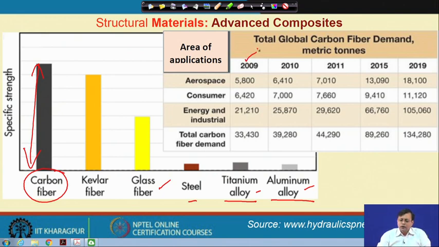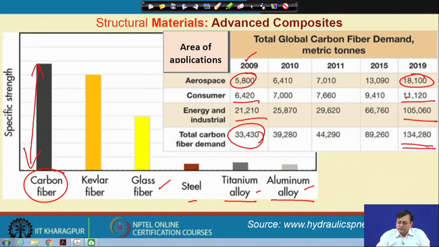The total global carbon fiber demand in metric tons in 2009 is expected to become almost 3 times in 2019 in the aerospace sector. In the consumer sector, it will be almost double. In the energy sector, it will be 5 times, and therefore the total carbon fiber demand is going to increase, and one can see the total multiplication factor over these 10 years from 2009 to 2019.